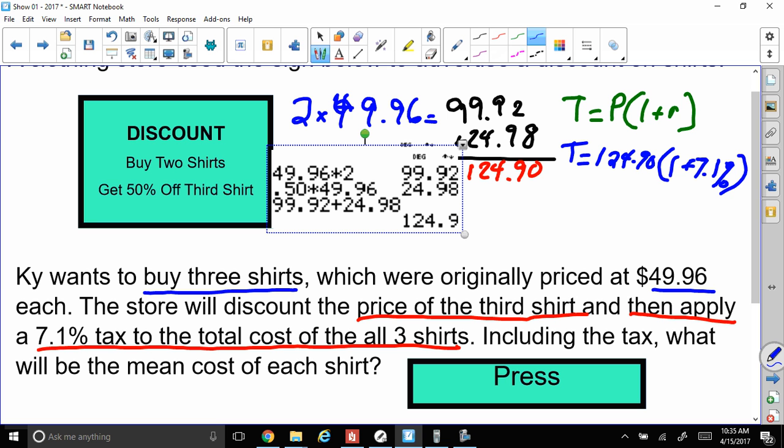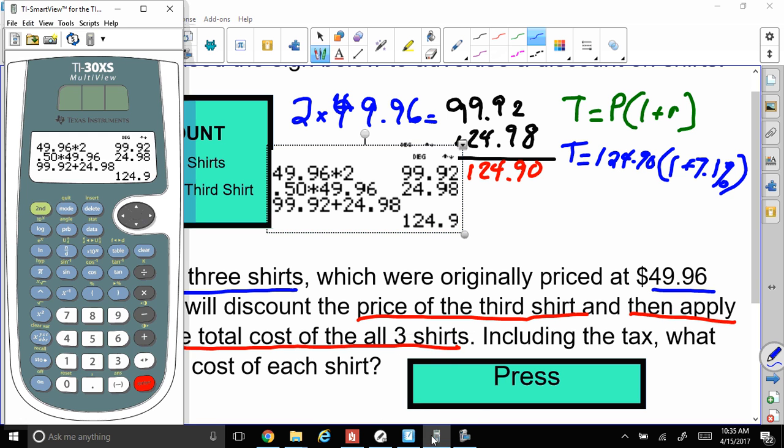So let's get our calculator. This will give us our total cost of the shirts. So let's clear this mess. We don't need it anymore. So 124.90 times parenthesis 1 plus the 7.1 and second left parenthesis to get the percent in there, and that'll give us the total cost.